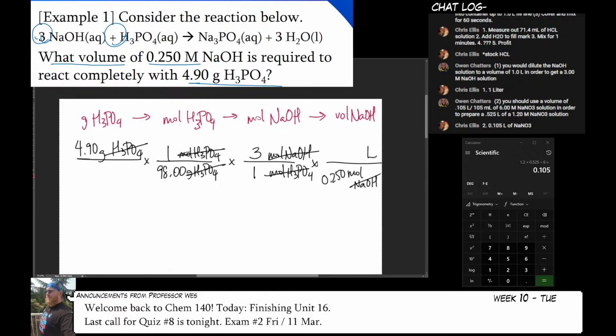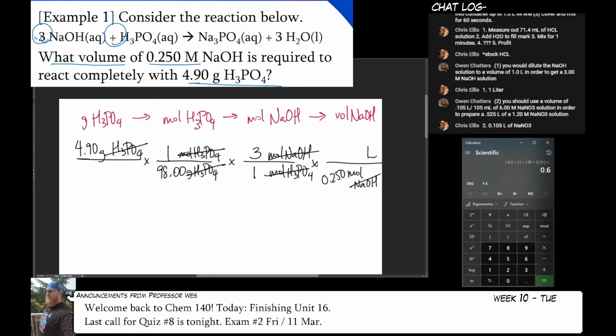And then finally, we just type everything in the calculator. If I could find the calculator, it got buried under a bunch of screens here. So whenever we're doing stoichiometry, use parentheses. 4.90 times 1 times 3 divided by parentheses 98 times 0.250, close parentheses.